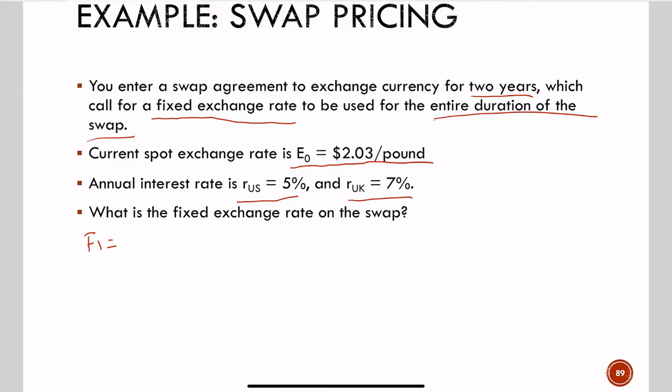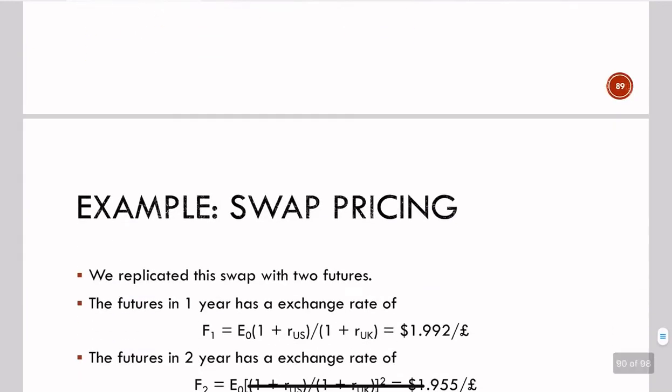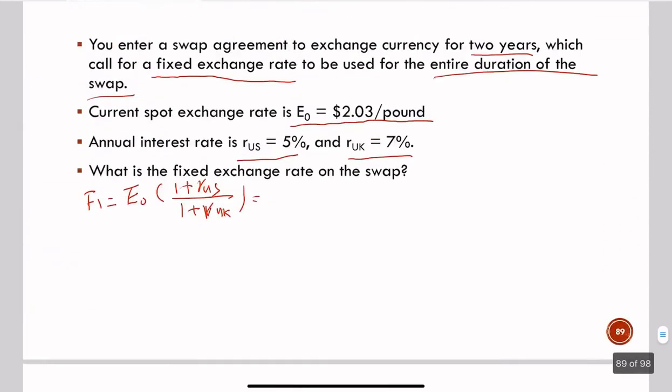So what you will do here is you will use the interest rate parity theorem. We learned that F1 equals E0 times (1 plus R US) divided by (1 plus R UK), right? So let me just copy the answer. So it's 1.992.